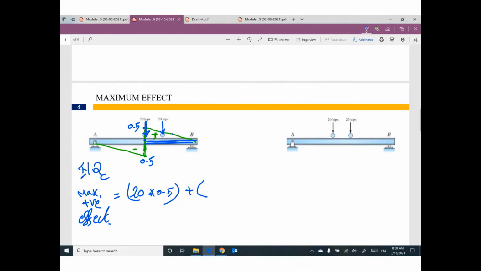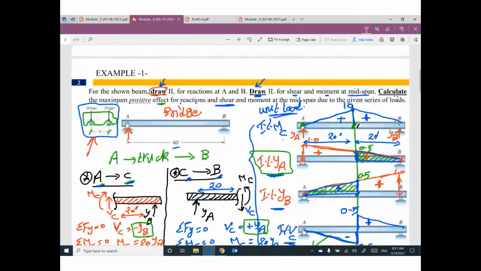Plus, I don't have a choice. The second wheel must be at distance 8. So this distance will be 8, and the remaining distance will be 12. Remember, the total span is 40. So this mid span will be at 20. So if this wheel is at distance 8, the remaining one will be at 12.